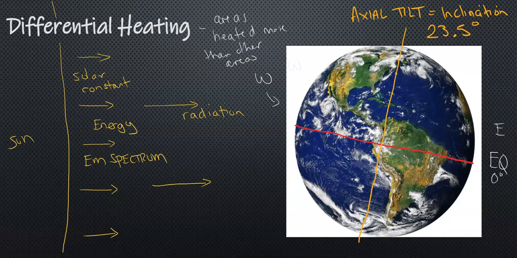The energy and EM spectrum and radiation, that is all coming at us, and the atmosphere receives it first, and then obviously the surface, both the oceans and land, receive it afterwards. And we do give off some energy, which we know is called albedo. But the energy we keep is what we look at, because the energy we keep in the atmospheric system and the Earth system, the oceans and land, is what drives our GCMs, our general circulation models in the troposphere and how heat is moved.